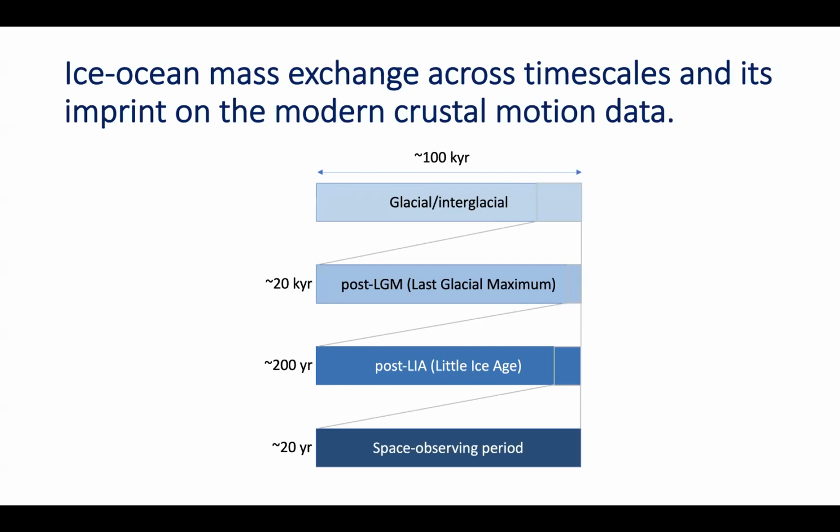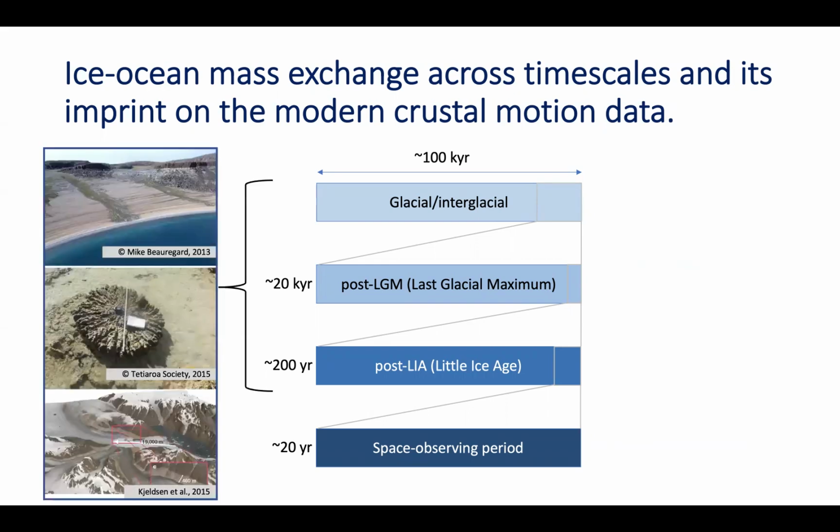And also it may be important to take into account the impact of relatively short time scale climatological phenomena, for example, the ones associated with the Little Ice Age, relative to the time scale of the last glacial maximum or the glacial and interglacial cycle. And it may be important to also take into account the potential impact that the mass changes happening during and after the Little Ice Age have on the modern GNSS measurement of crustal motion data.